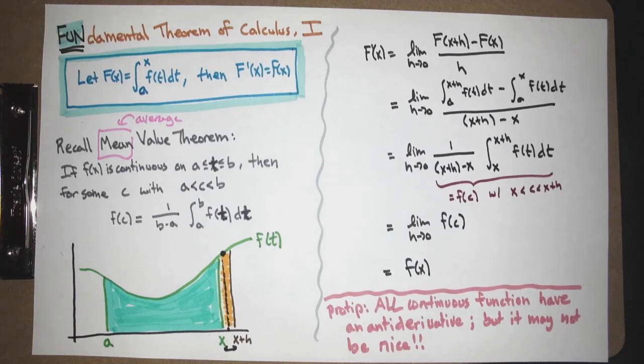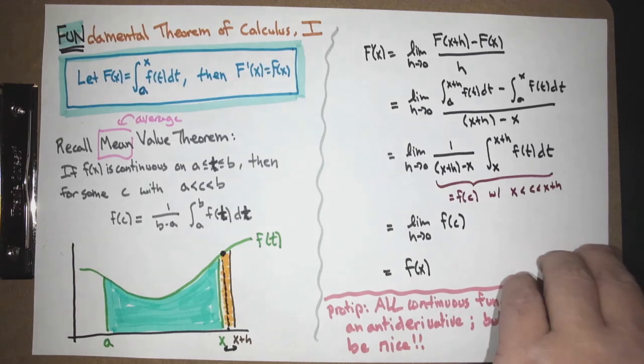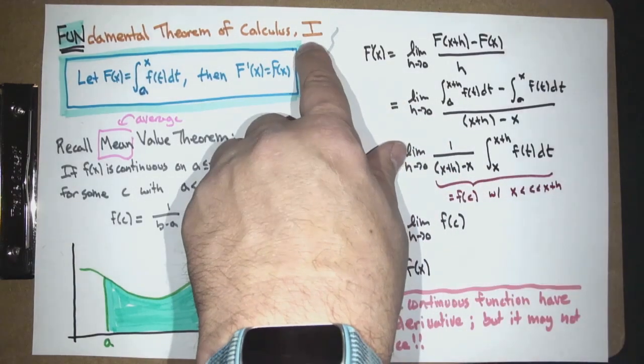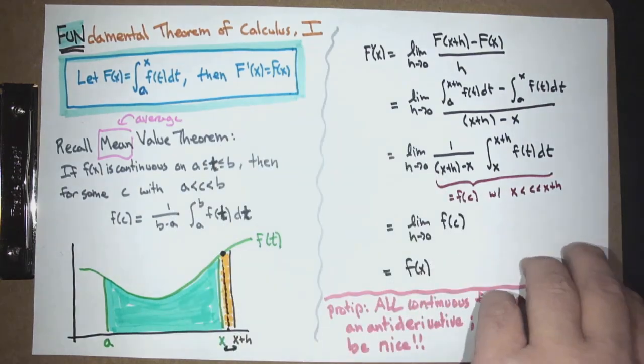In practice, most functions do not have a nice antiderivative. So be careful. Be careful. All right, any questions about this? We're going to go through and talk about variations in practice. And don't worry, there is a sequel coming. There is a part 2.